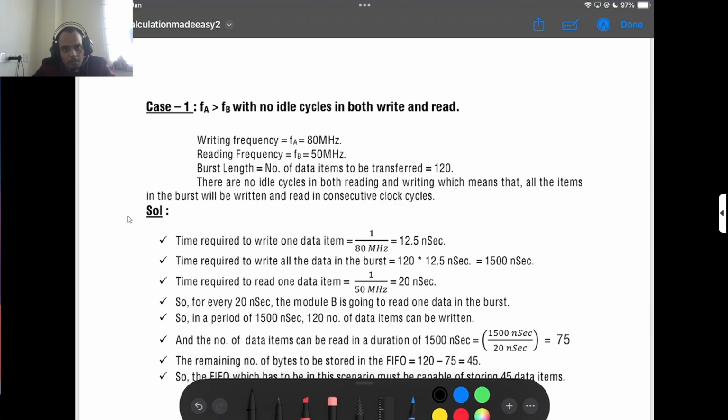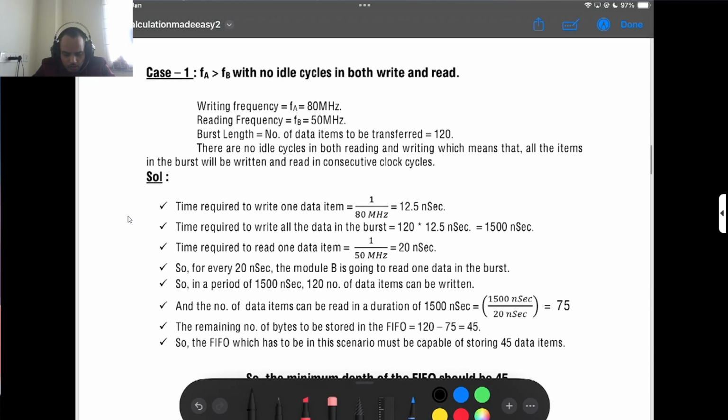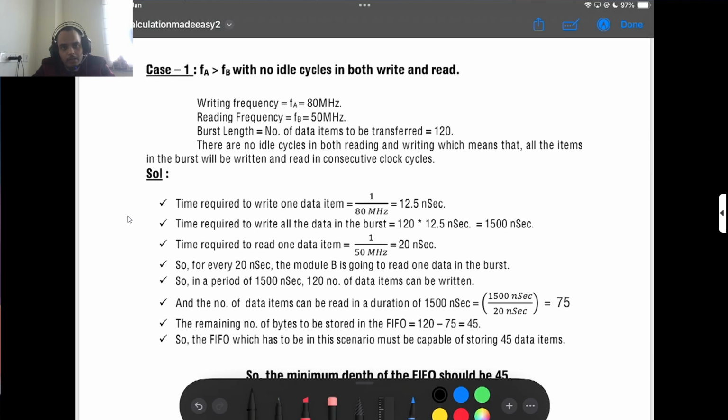Case one where FA is greater than FB. FA greater than FB means the frequency of module A is greater than the frequency of module B, with no idle cycle in both write and read. The writing frequency FA is 80 megahertz and the reading frequency FB is 50 megahertz. The burst length, the number of data items to be transferred, is 120.